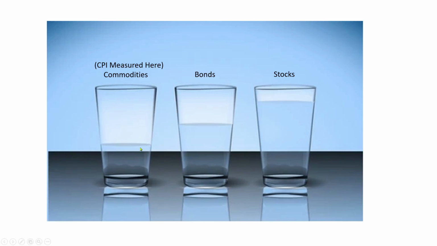The only way you can increase all of these cups, which is true inflation, is to make them bigger or larger. In order to make a larger money supply, you must add water to these cups. They could all go up at the same rate, but the value would remain the same.